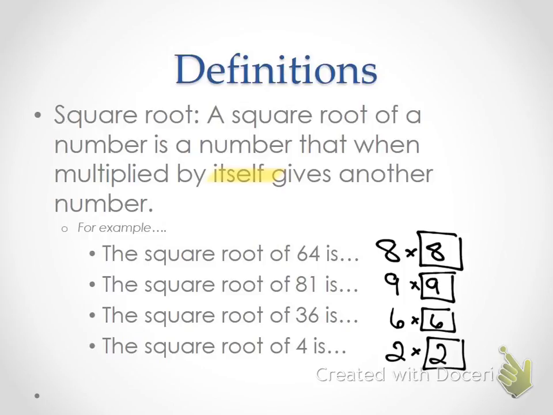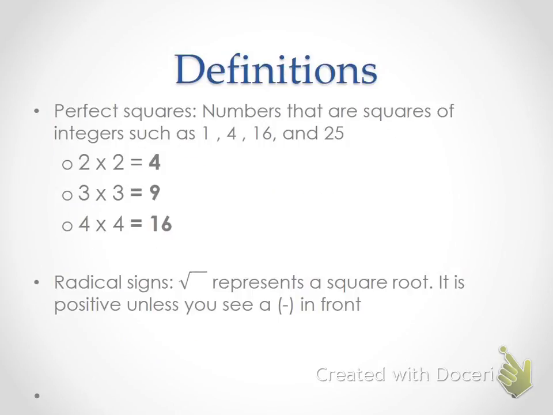All right, second slide. Perfect squares. Now, a perfect square is kind of on the other end. It's the product. It's the answer. A number times itself that equals some number, that number is a perfect square.